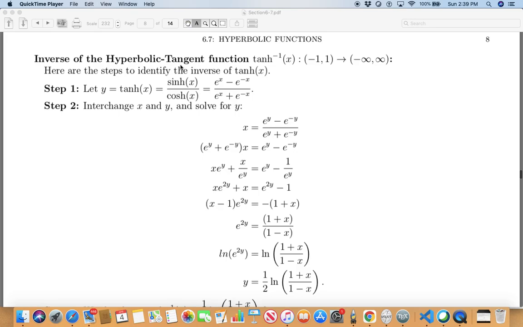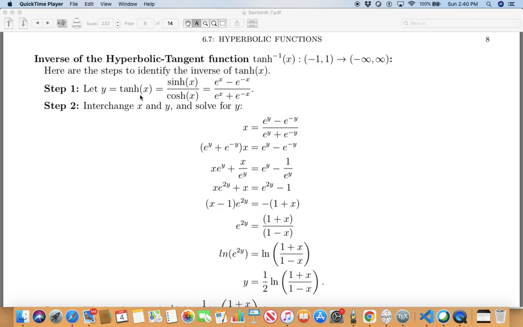Inverse of the hyperbolic tangent function, that is tan hyperbolic inverse x. It's defined over the open interval negative 1, 1, with range all the way from negative infinity to infinity. Here are the steps to identify the inverse.